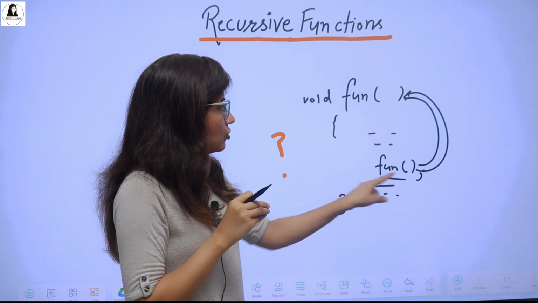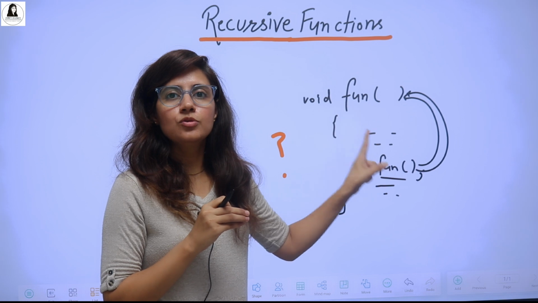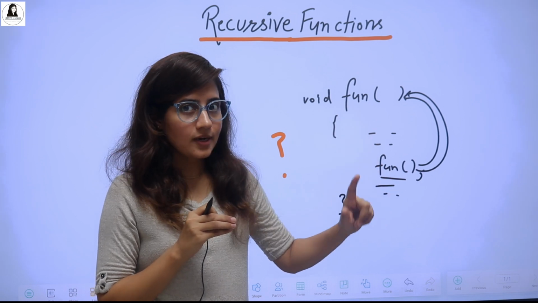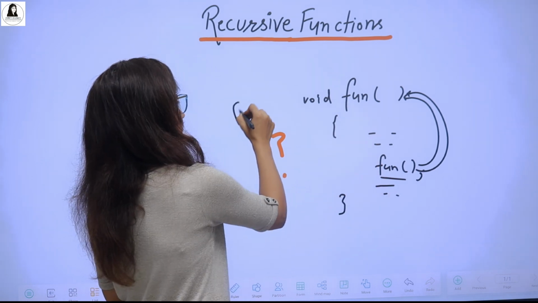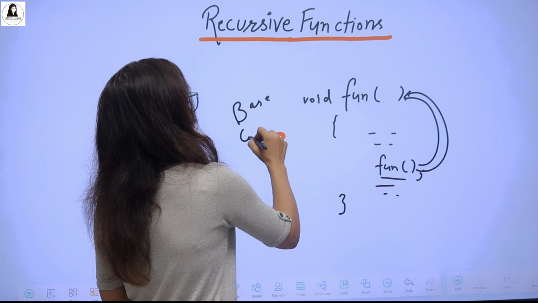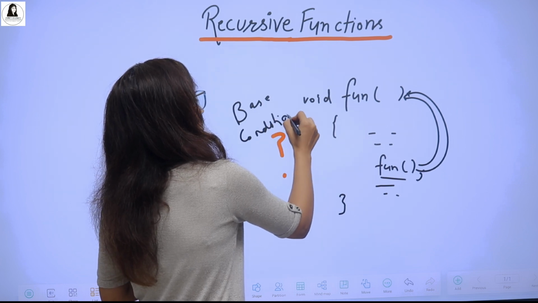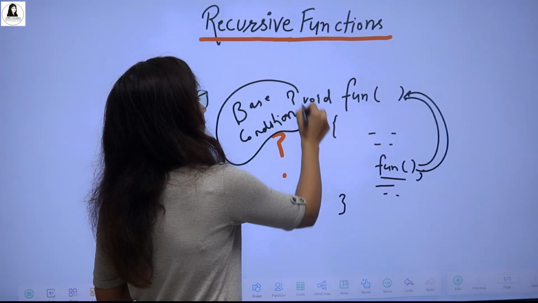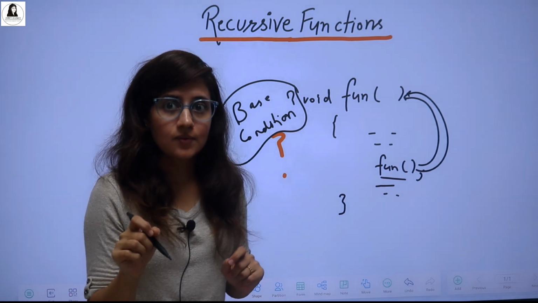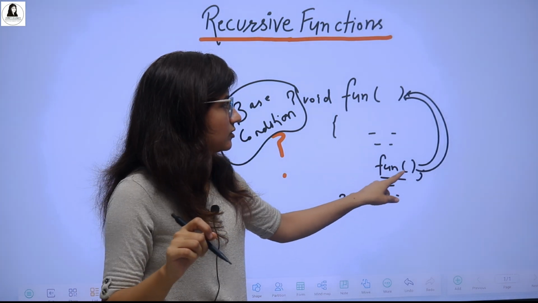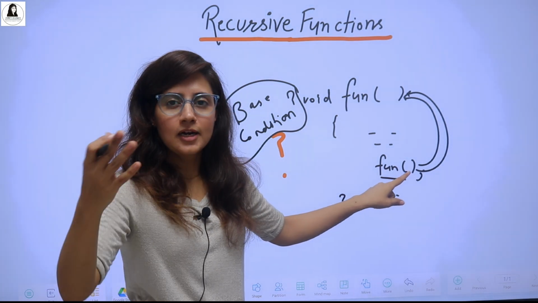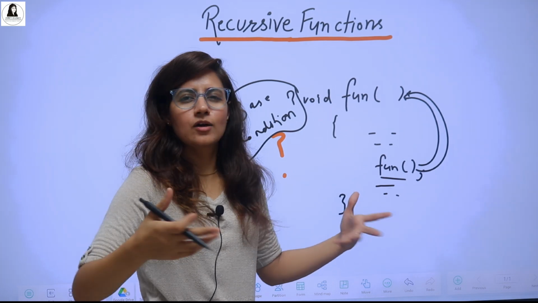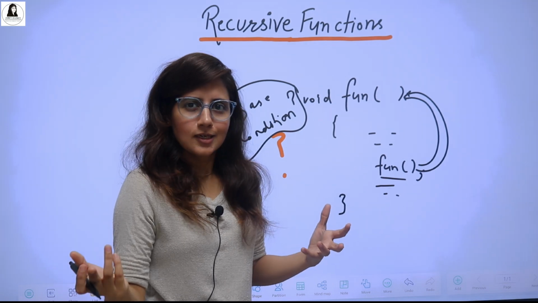So same, to stop this recursion, you have to put some base case or base condition, right? This thing is very important here. If you will not put a proper base condition or base case, then your recursion will never stop, and ultimately you will obviously get a stack overflow error or something like this, right?